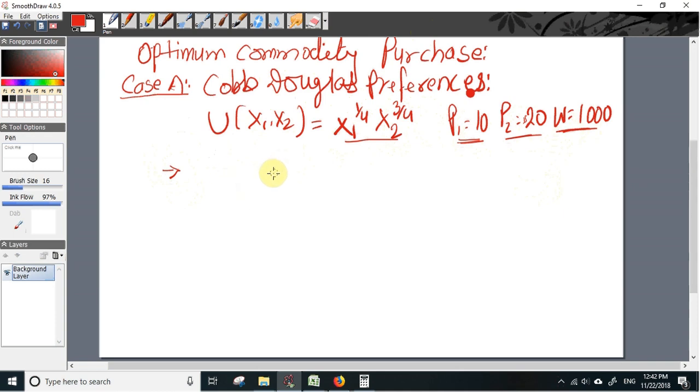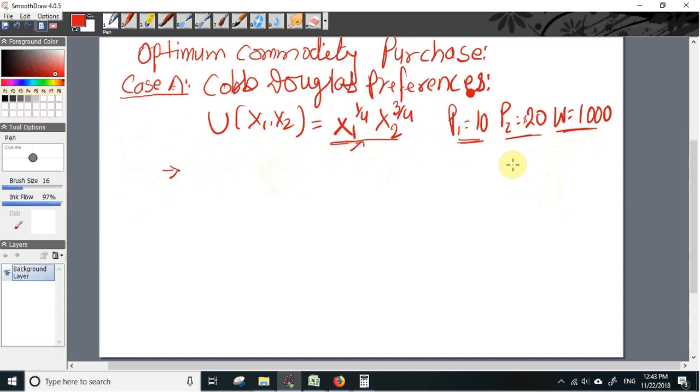Before using the optimal rule for commodity purchases, we first look over the shape of the indifference curve. By looking at the shape of the indifference curve, we determine whether to use the tangency condition or not.